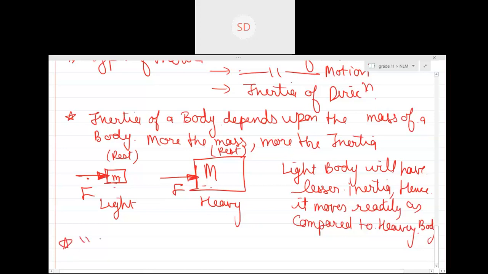Now, what is the first law of motion? Newton's first law of motion, also called the law of inertia. I'm giving you the statement of the first law.